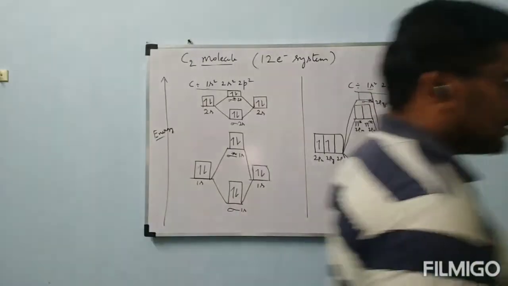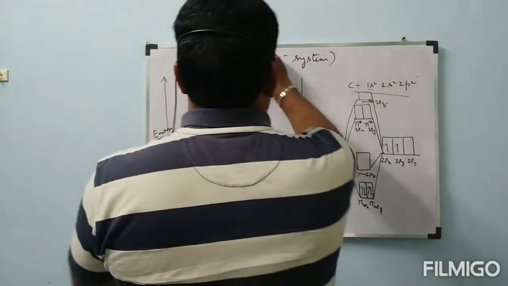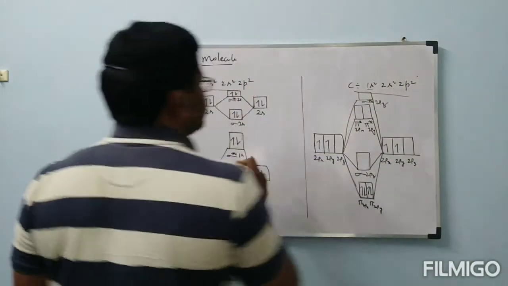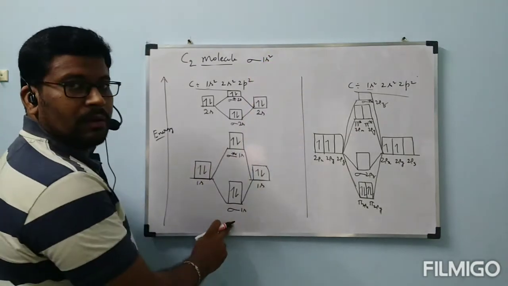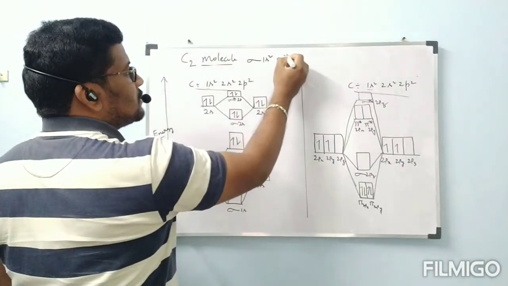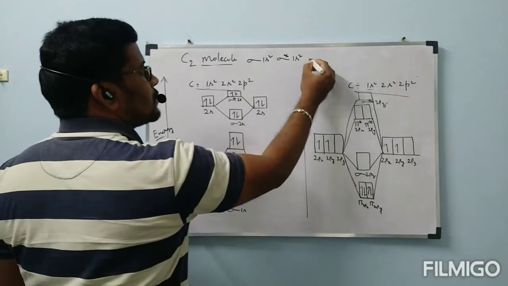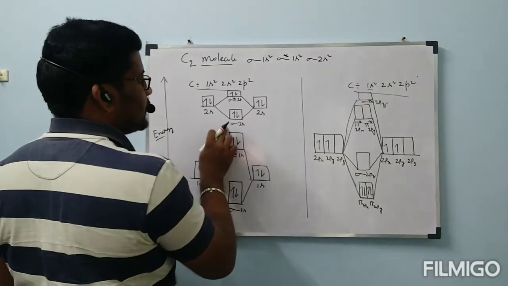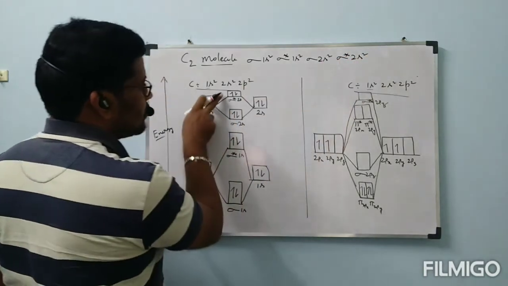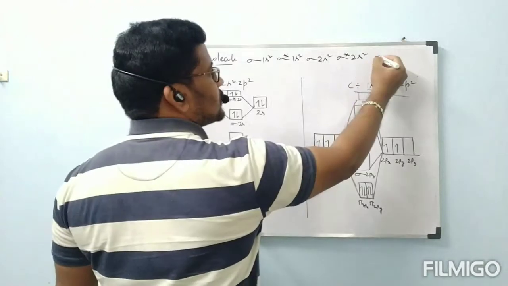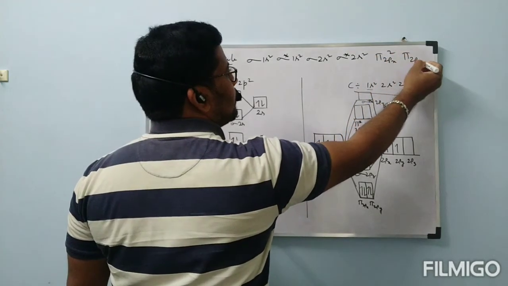Here I am going to write the electronic configuration: sigma 1s2, sigma star 1s2, next sigma 2s2, sigma star 2s2, next pi 2px2, pi 2py2.